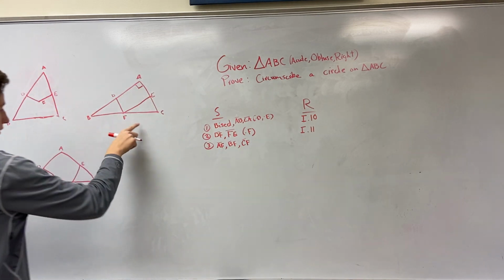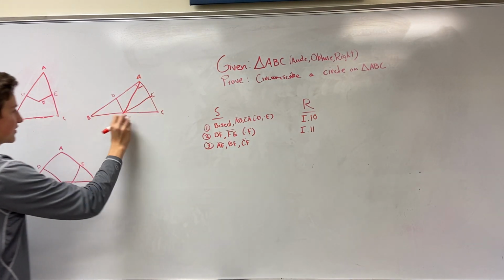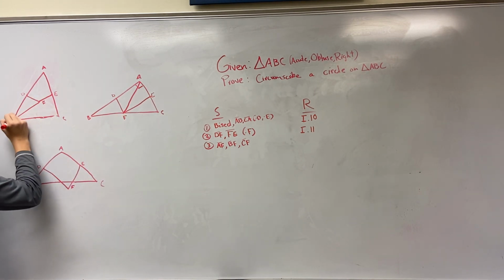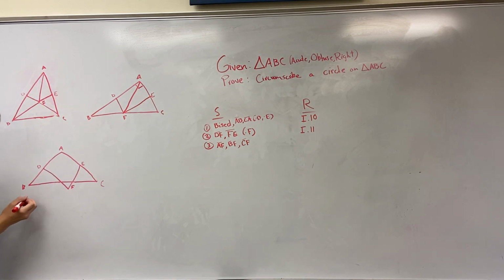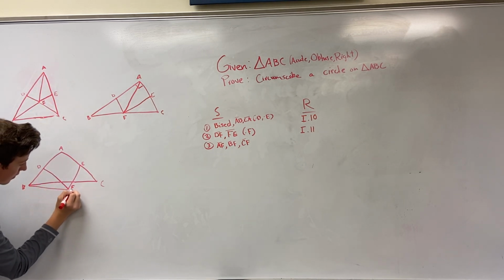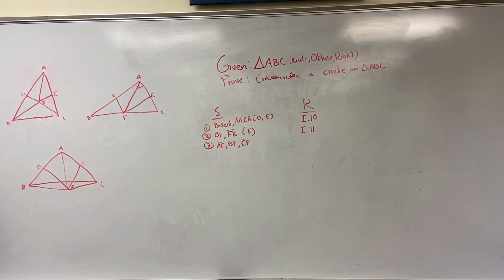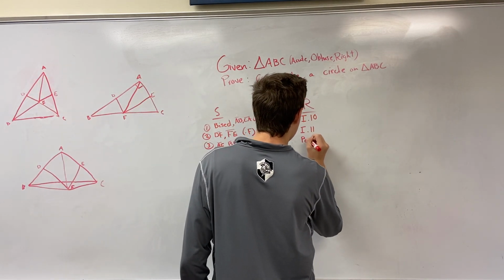For the right triangle, the only one that needs connecting is AF, because these are already connected. For the others, you can connect all of them. This is just postulate 1, you're just connecting points. Nice and easy.